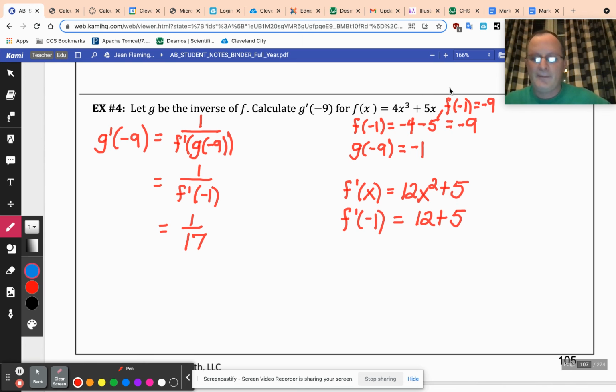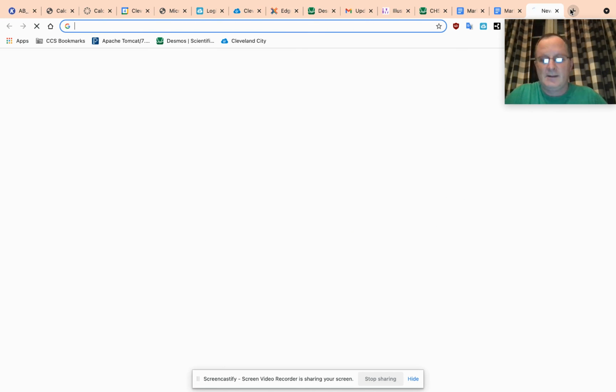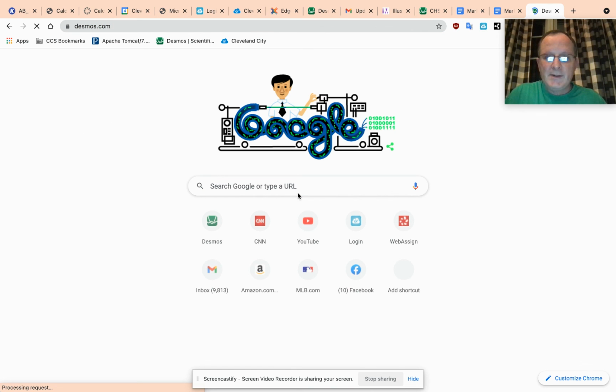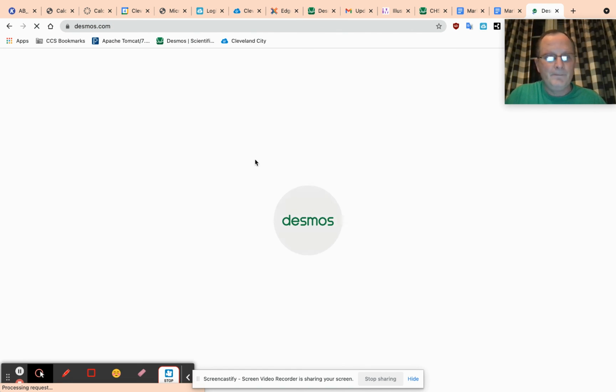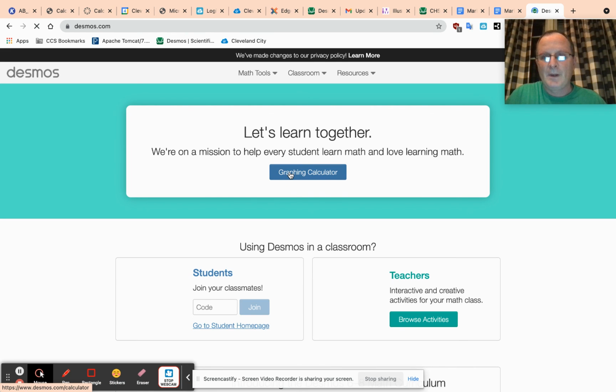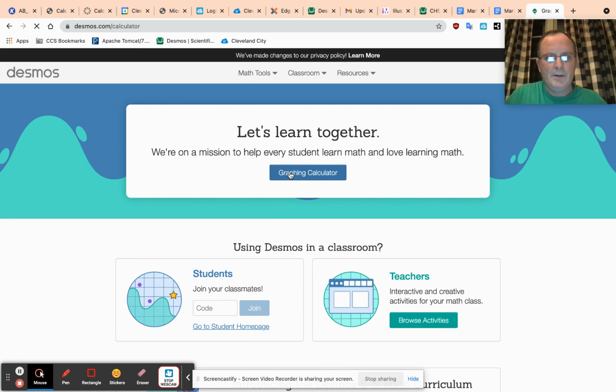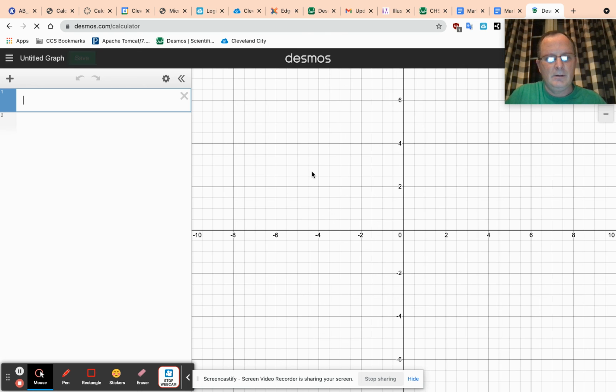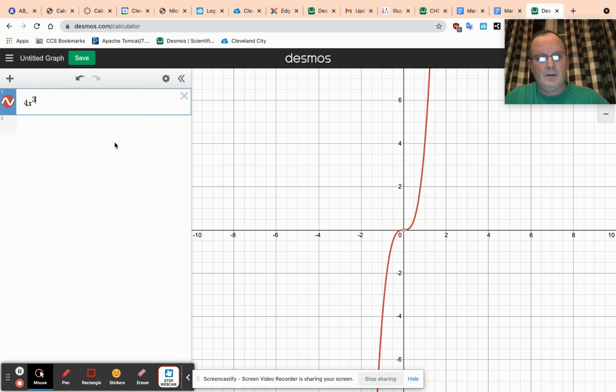So we would graph, I'll just show you, 4x cubed plus 5x. I'll do it on Desmos because my graphing calculator is gone from my computer. I'm working on that. So 4x cubed plus 5x, right?